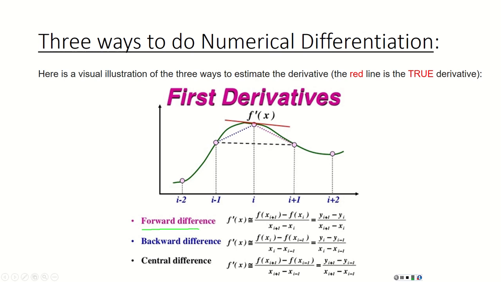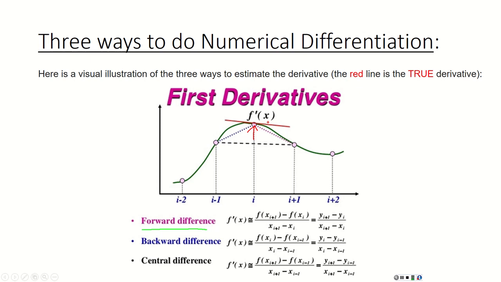One thing you can do is you can do the forward difference. In the forward difference, you use the point i, which is where you're trying to estimate the derivative.